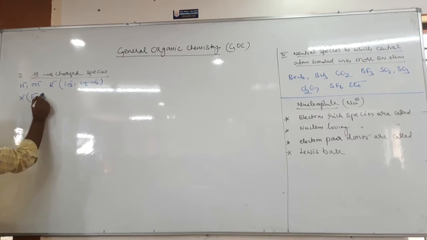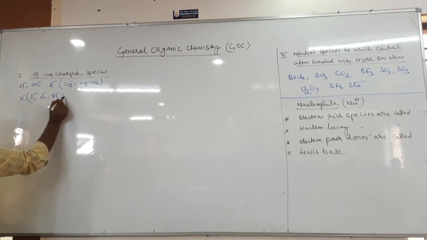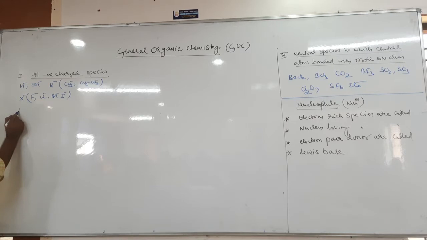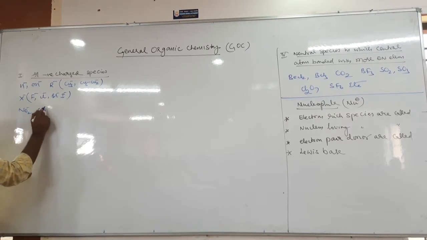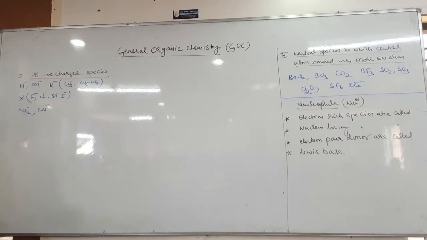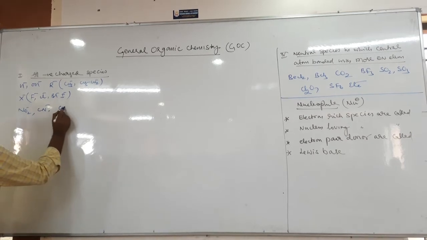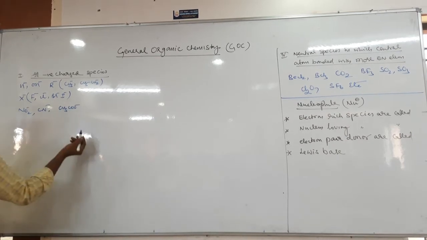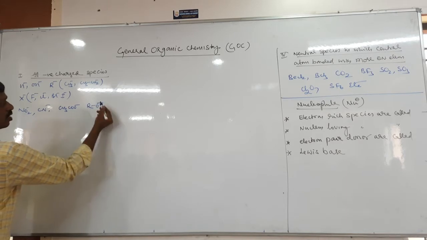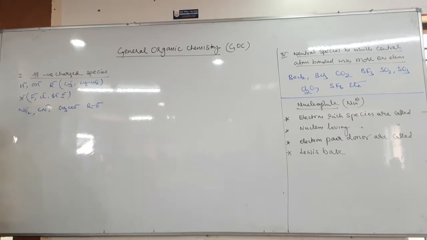F minus, Cl minus, Br minus, I minus, NO2 minus, CN minus, many more. Wherever negative charge comes, that is a nucleophile, comma, acetate, alkoxide, many more. Okay, like RNH minus, all are nucleophiles.